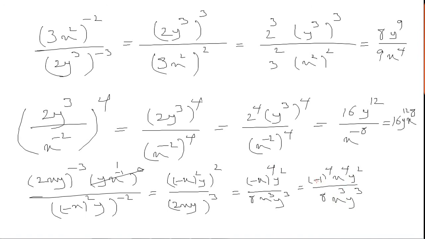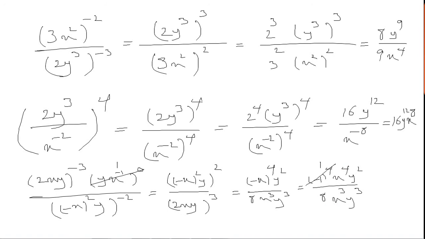As you can see, negative 1 to the power of 4 is just 1, because negative 1 times negative 1 times negative 1 times negative 1 is 1. So I'm left with x to the power of 4, y to the power of 2, 8, x to the power of 3, and y to the power of 3.